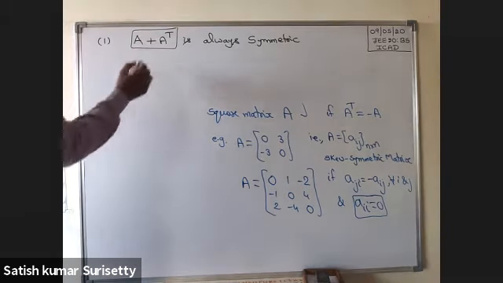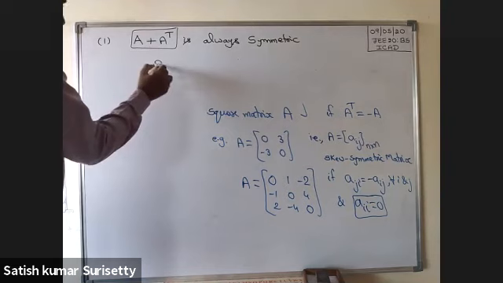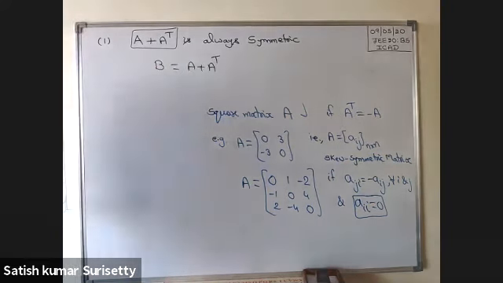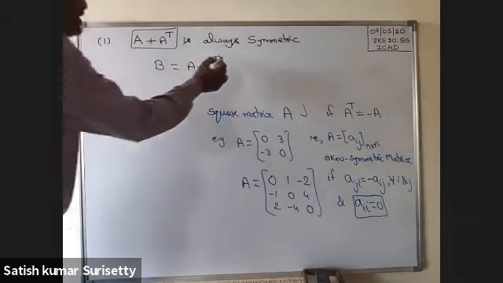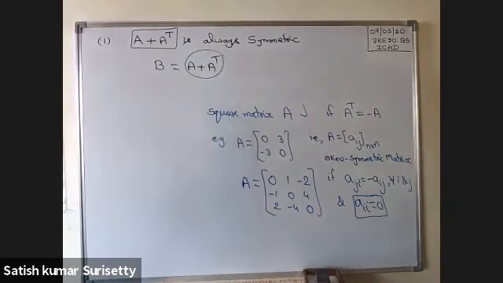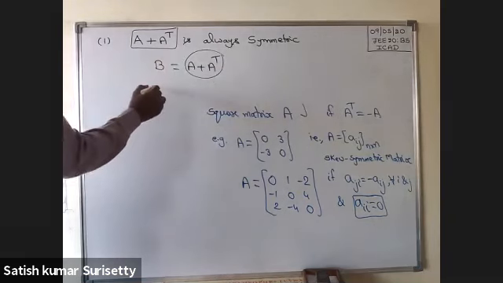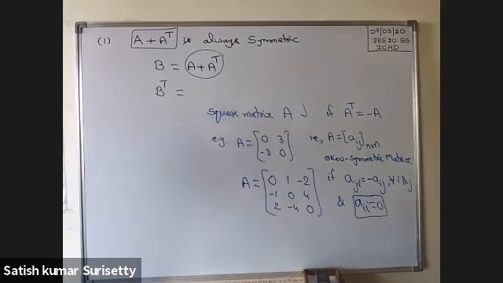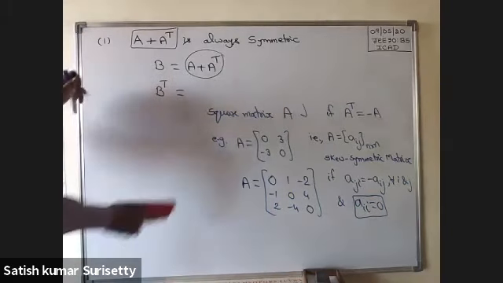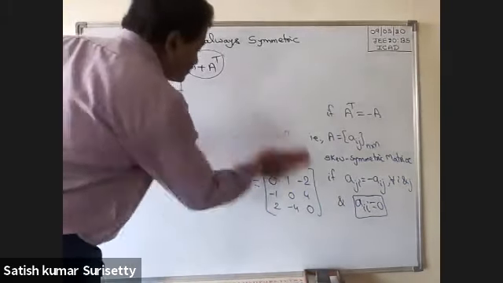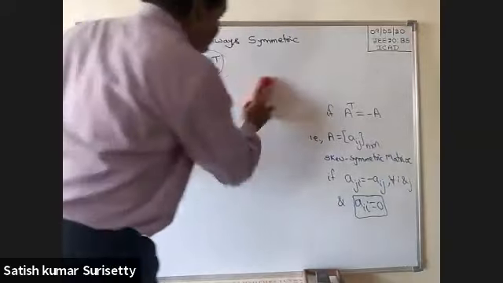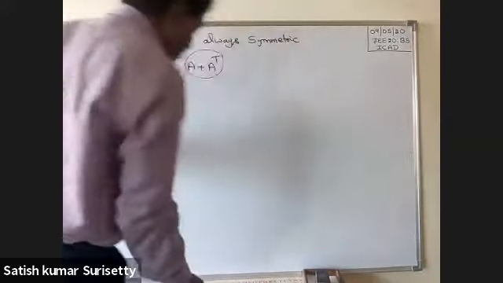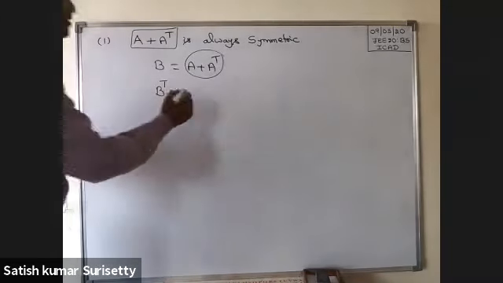Now, how to prove it? Let us take B equal to A plus A transpose. To prove that this is symmetric, we need to calculate its transpose, B transpose. So B transpose equal to what?